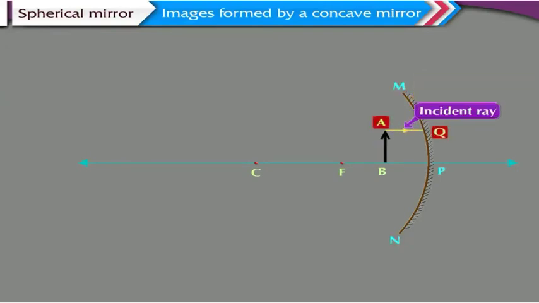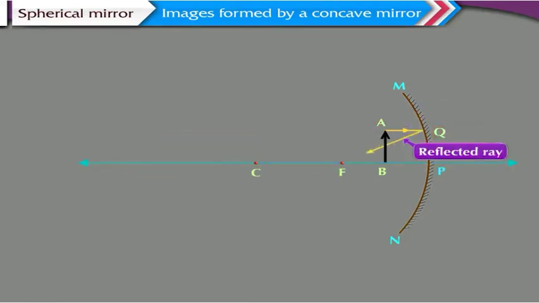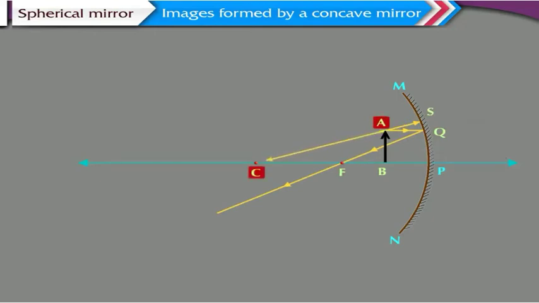The incident ray AQ is parallel to the principal axis, which after reflection passes through the focus F. Another incident ray AS is in the direction joining A with the center of curvature C, which gets reflected back along the same path. The two reflected rays do not meet each other. However, if they are produced backwards, they appear to intersect at point A1 behind the mirror.